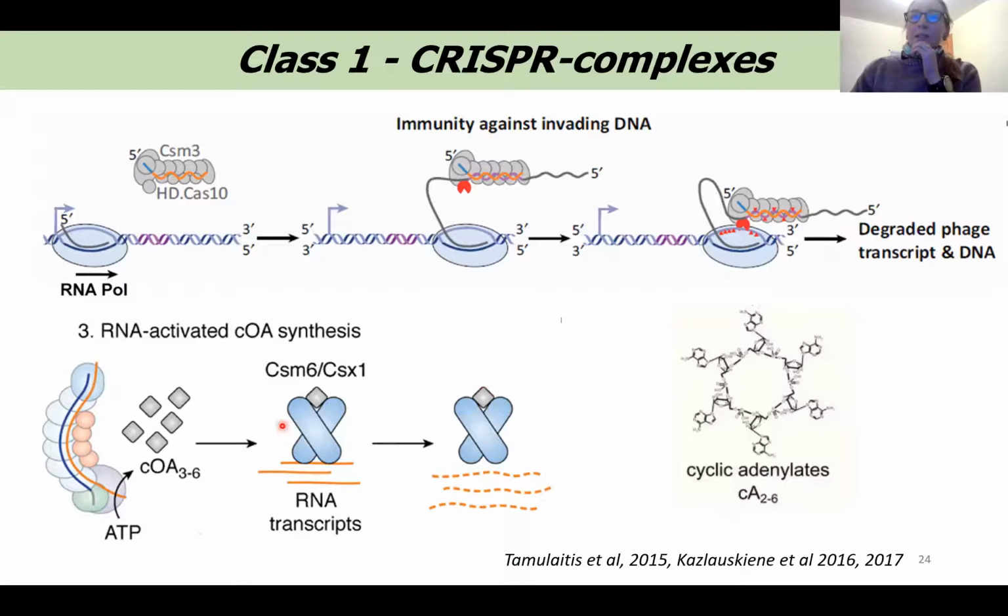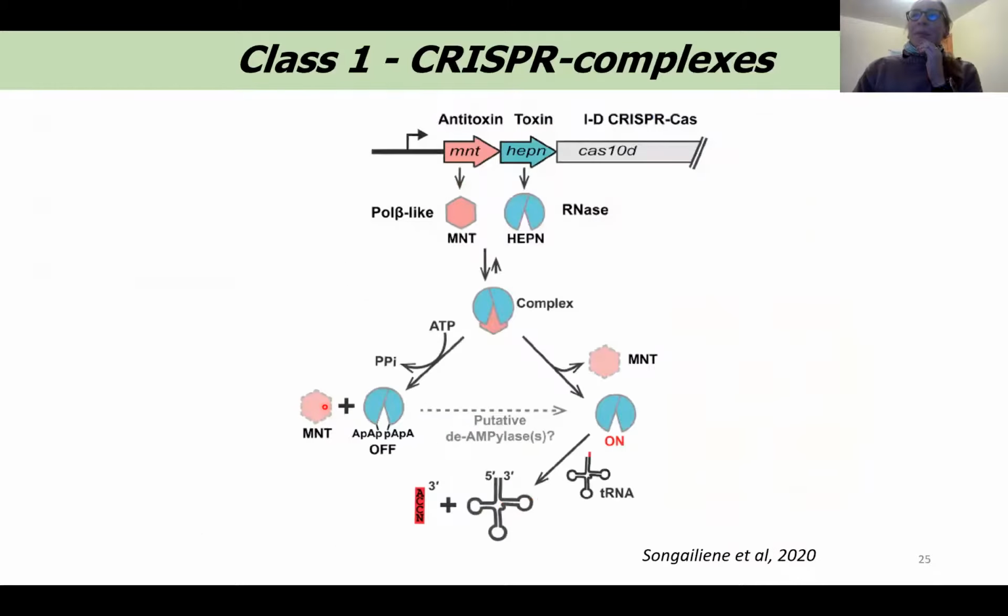So this Csm6 is called an auxiliary CRISPR protein. It's not necessary for CRISPR activity, but it helps to fully perform the activity. So this is the main field of my interest, auxiliary CRISPR proteins.